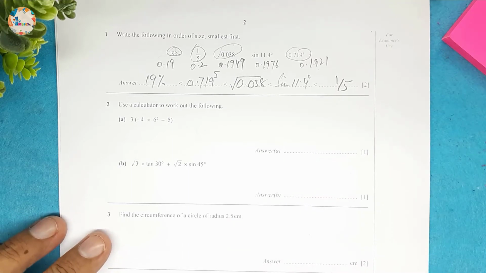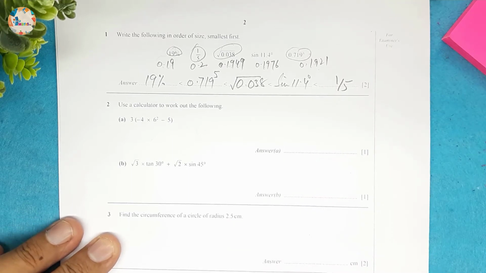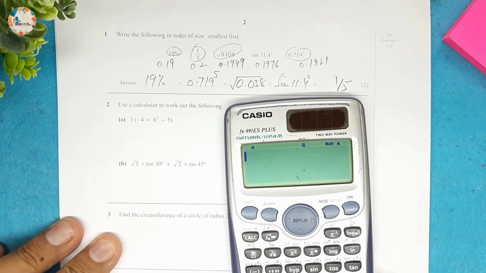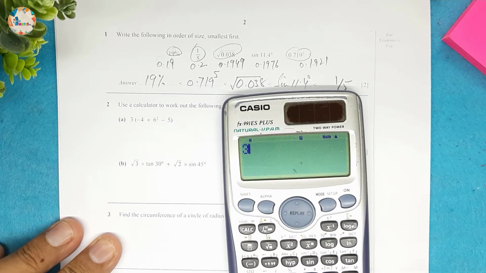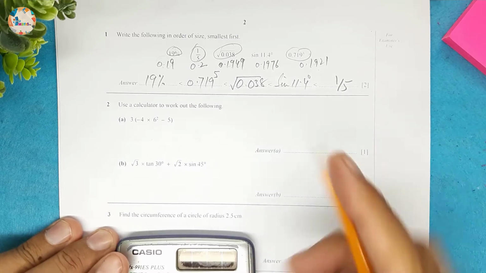Question number 2, use a calculator to work out the following. So using the calculator, 3 into minus 4 multiplied by 6 squared minus 5 is equal to minus 447.